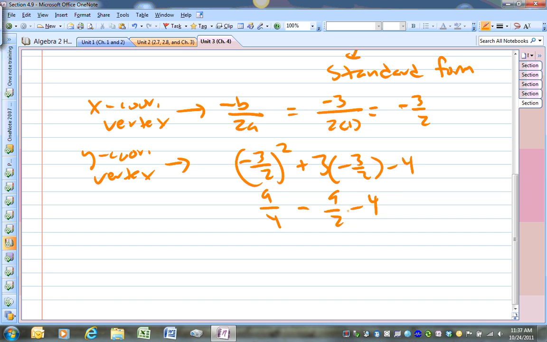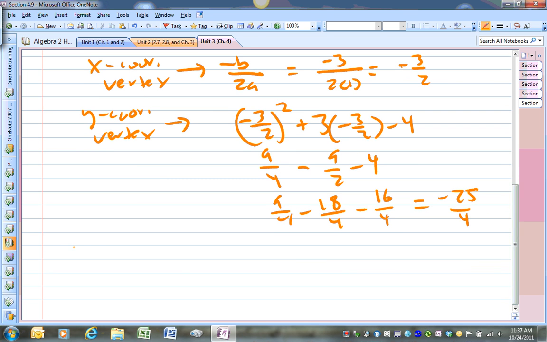That's kind of a crazy one. I was trying to do this in my head, but that doesn't probably make sense. So let me find the least common denominator for all these. Negative 25 over 4. So your vertex is negative 3 halves, comma negative 25 over 4.